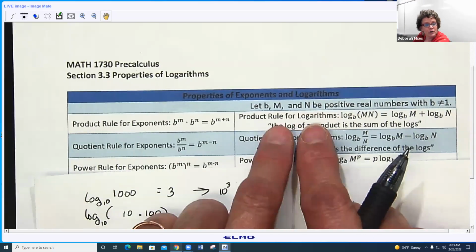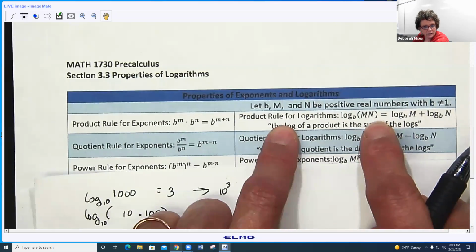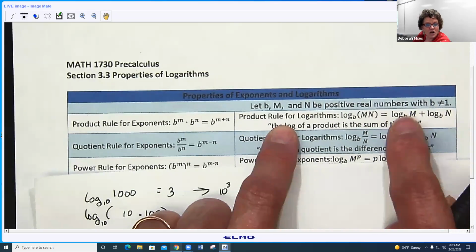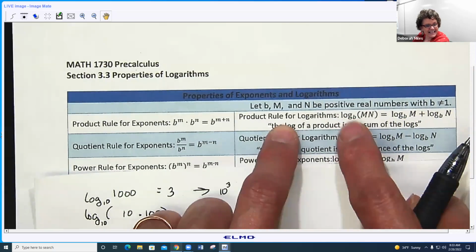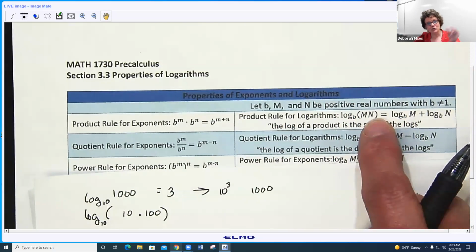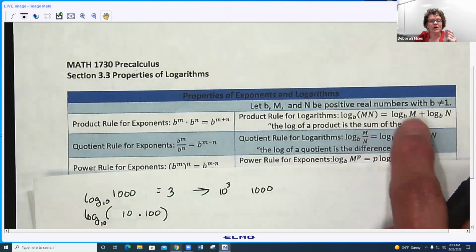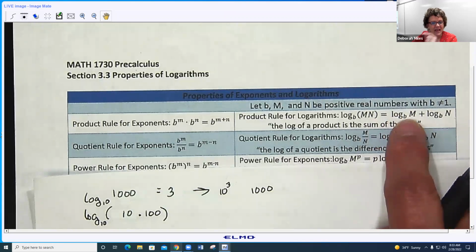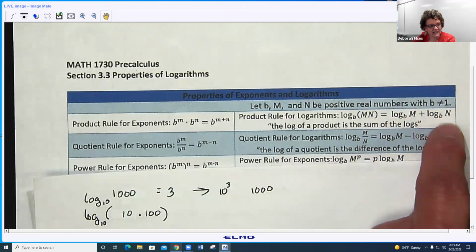The product rule for logarithms says the log of a product can be written as the sum of two logs. Again, log base b of m times n is just two exponents multiplied together. If you have log base b of m, that's an exponent, plus log base b of n, that's an exponent.